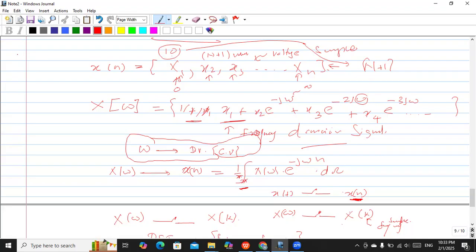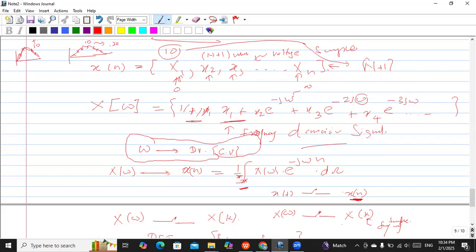It is like this. The time domain signal is like this, and you are getting some samples here. The frequency domain signal will also be like this, and again you are getting some samples here. If you get 10 time samples here, at least you need to get 10 frequency samples. But you can increase the number of samples, no?